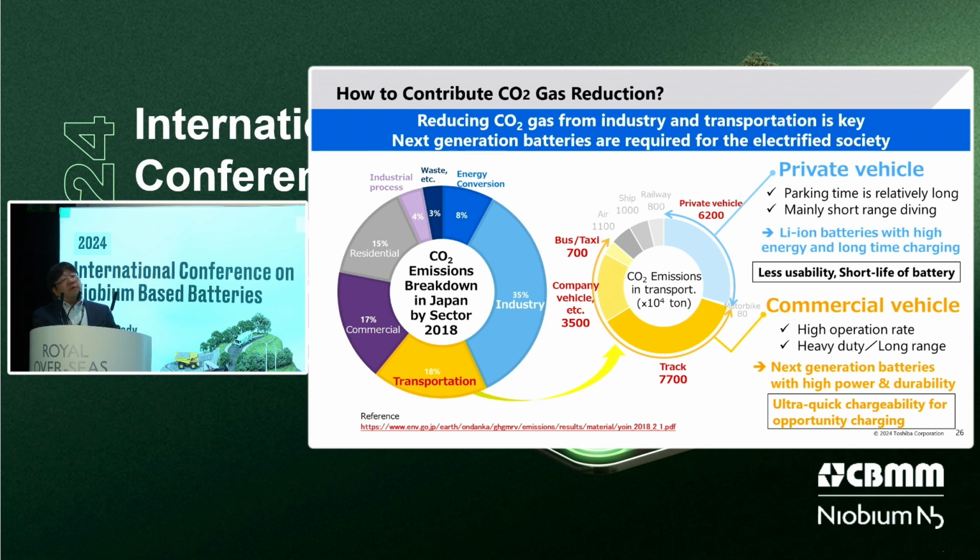So the electrification of this sector would be one of the pressing issues. Especially commercial vehicles require high operation rate, heavy duty and long range usage. So next generation batteries with high power and high durability, and also ultra quick chargeability for opportunity charging, would be strongly desired.